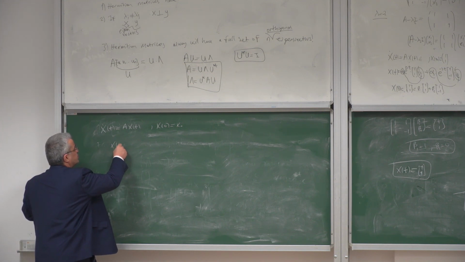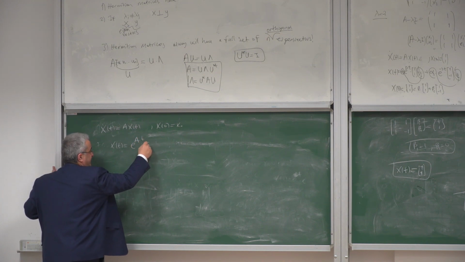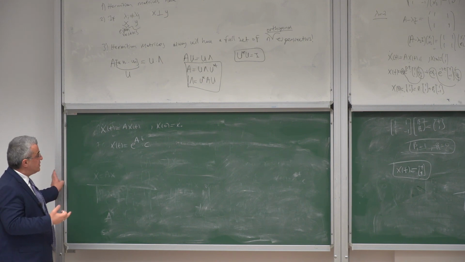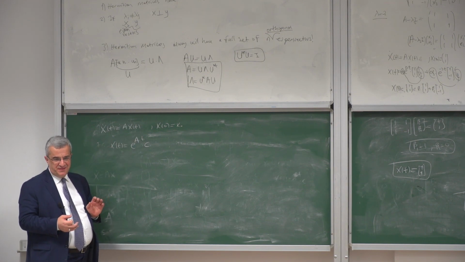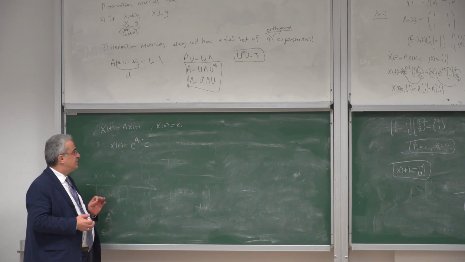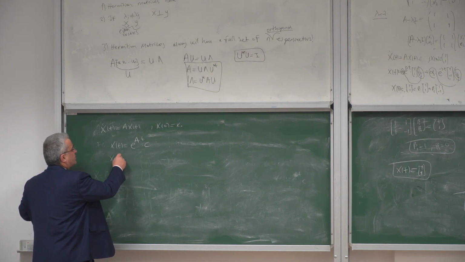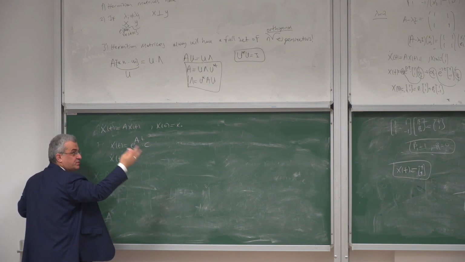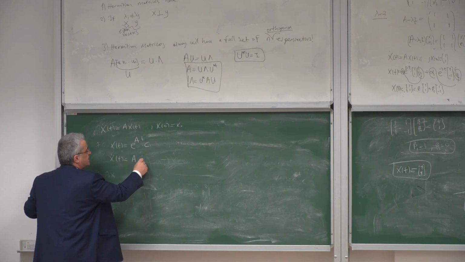Let's look for a solution in this form: e to the AT. The matrix goes into the exponent of AT. What does this mean? Let's call the derivative of this, so you take the derivative similar to the usual exponential function we know. This is A e to the AT times C, okay?